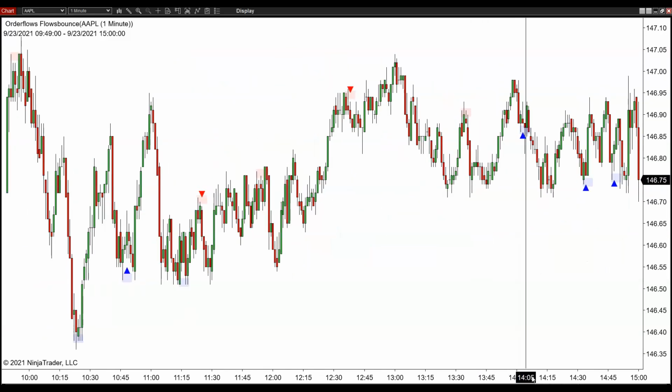Yeah, this is just a 1 minute chart. So there's signals there. It depends on how you trade stocks. You could look at a 5 minute chart. You could do a lot of different things. You could use 1 minute charts. I just show the charts that I like to use.